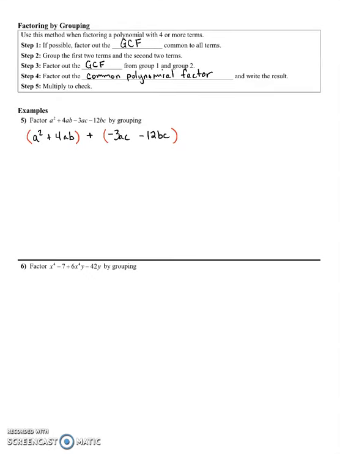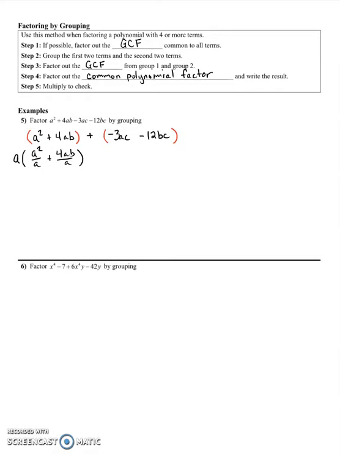So now, if we look at this first parentheses, our GCF is going to be a. So we take out an a. That leaves us with a squared over a plus 4ab over a.